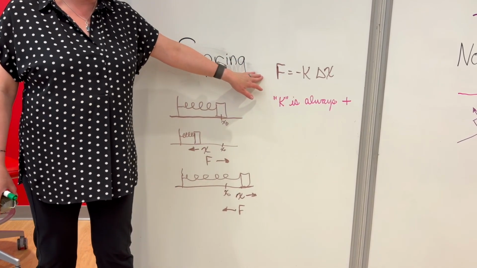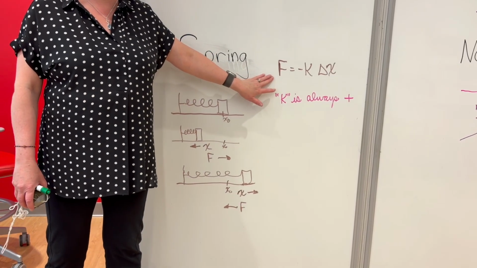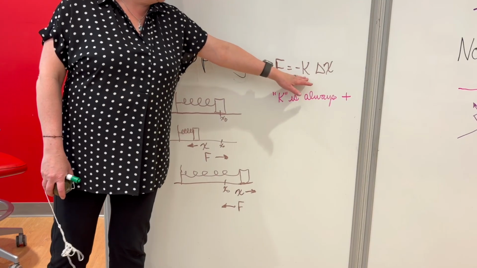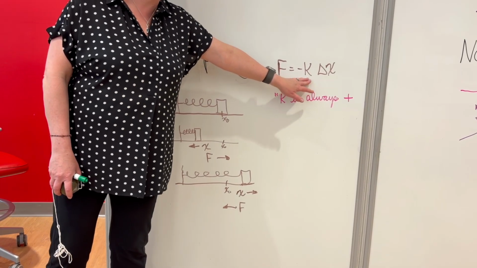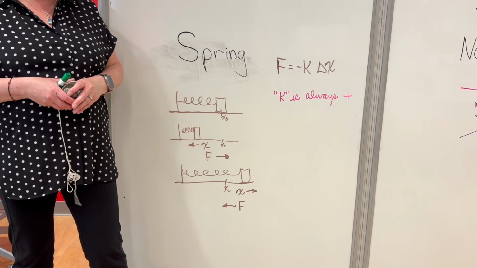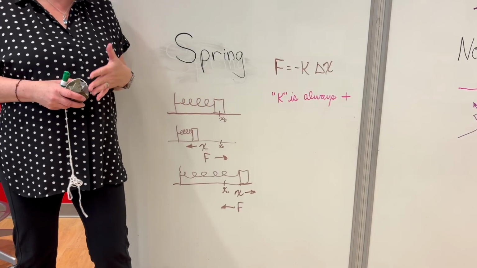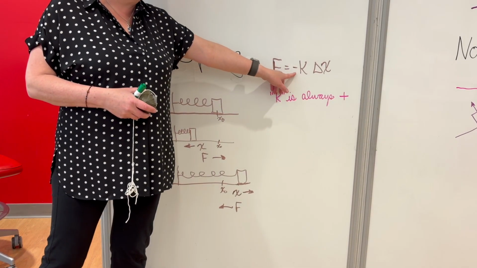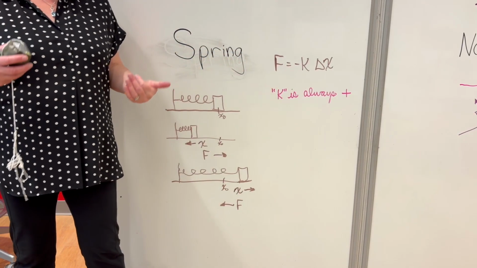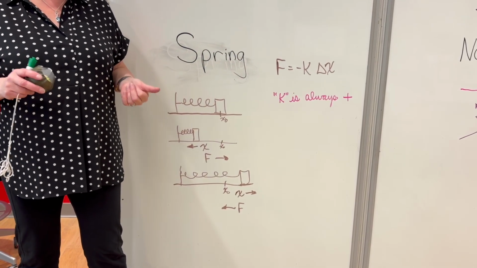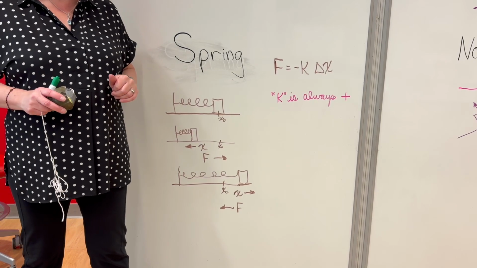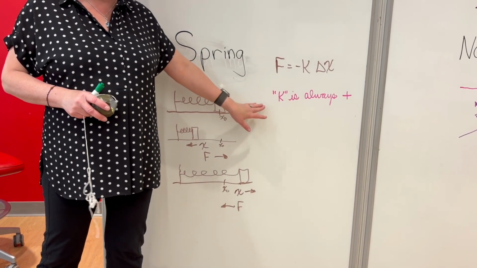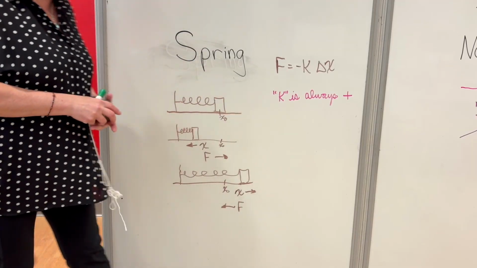This is Hooke's law, and this helps us to calculate the force from a spring, where K is the spring constant and delta X is how far the spring has been displaced from equilibrium. Because of this negative sign, the direction of F and X will always be opposite of each other. And I'm going to note when you do calculations, K is always a positive number.